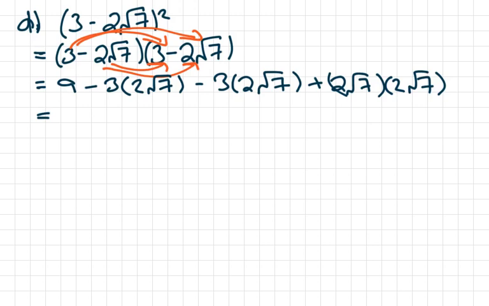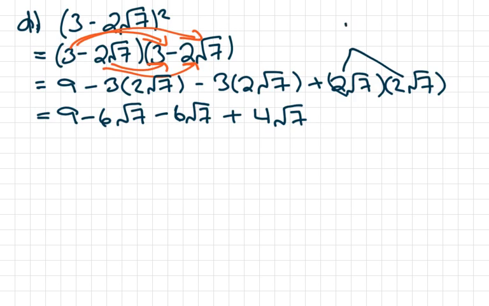Three times 2 root 7 is 6 root 7, minus another 6 root 7, plus 4 times 7, because I do 2 times 2 is 4, and then root 7 times root 7 is root 49, which is equal to 7.